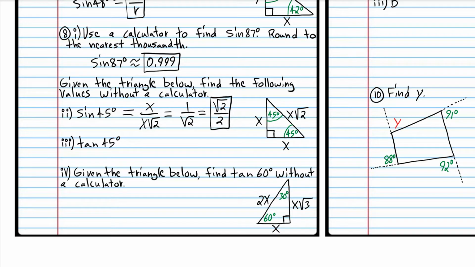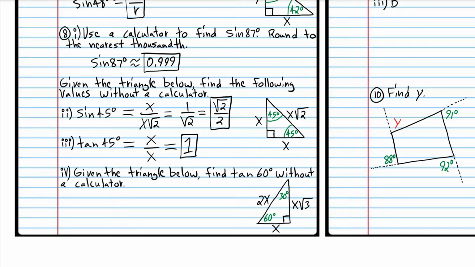So tangent 45, again, if you pick any of these angles here, let's pick this one up here. They're the same angle, so it doesn't really matter. Tangent is opposite over adjacent, so x over x. But the x's just cancel out, and you're left with 1. Any number divided by itself is 1, as long as the number is not 0.